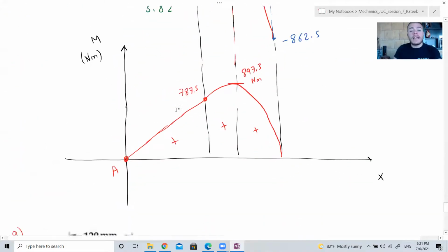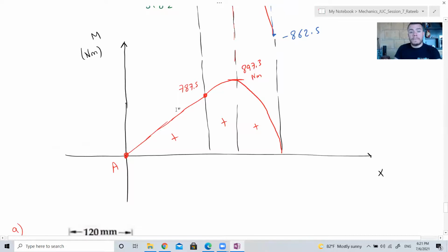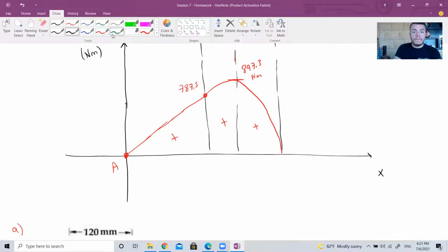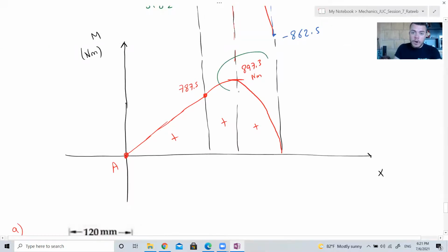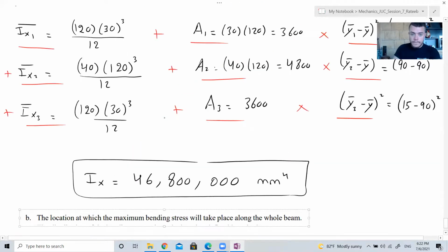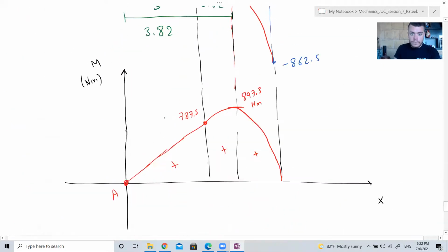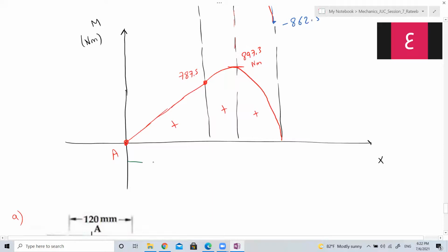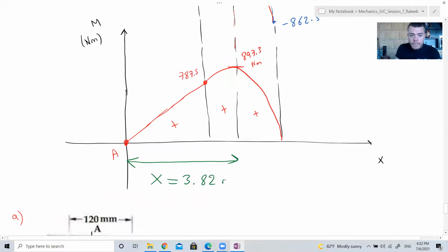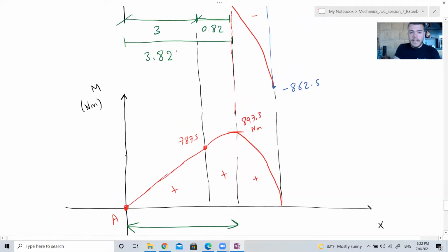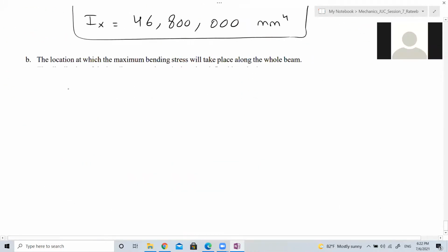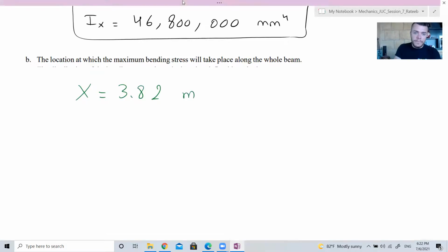Look at the moment diagram. Not at this point. The maximum bending stress will take place at x equal to 3.82 meters, which is here. Where the moment is maximum.